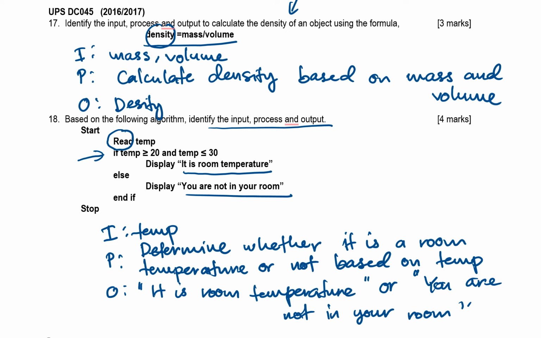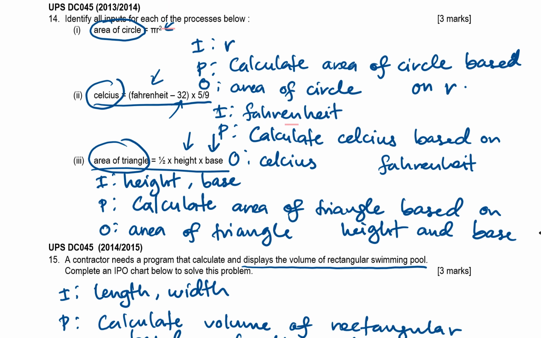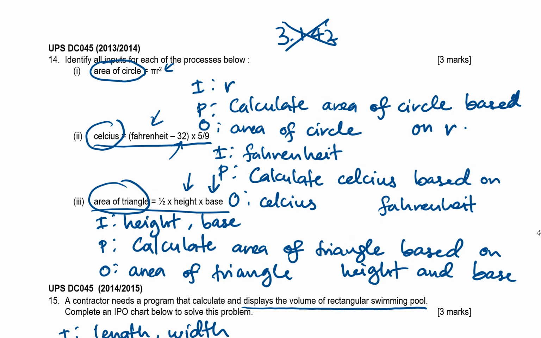Okay, next. I just want to go back to question number 14. So for question 14.1, the input is only R. Even though you can see R to the power of 2, you don't have to write it this way.